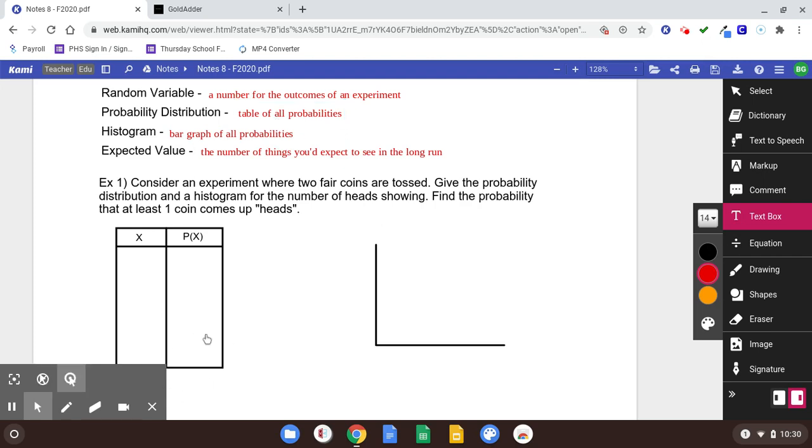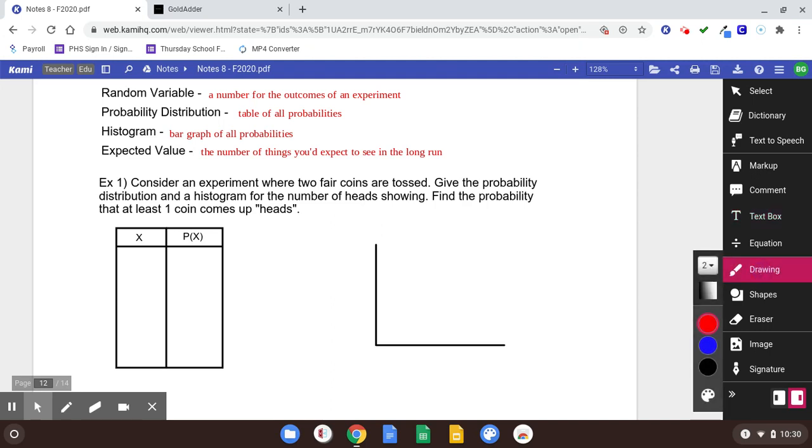So we have to think about what is everything that could happen in this experiment where we're tossing 2 fair coins. But it's kind of important that we identify the random variable in this problem. And we haven't done that yet. So in this problem, the random variable is a number for the outcomes of an experiment. So notice we're looking for the number of heads showing. That's going to be our random variable, which we can call x.